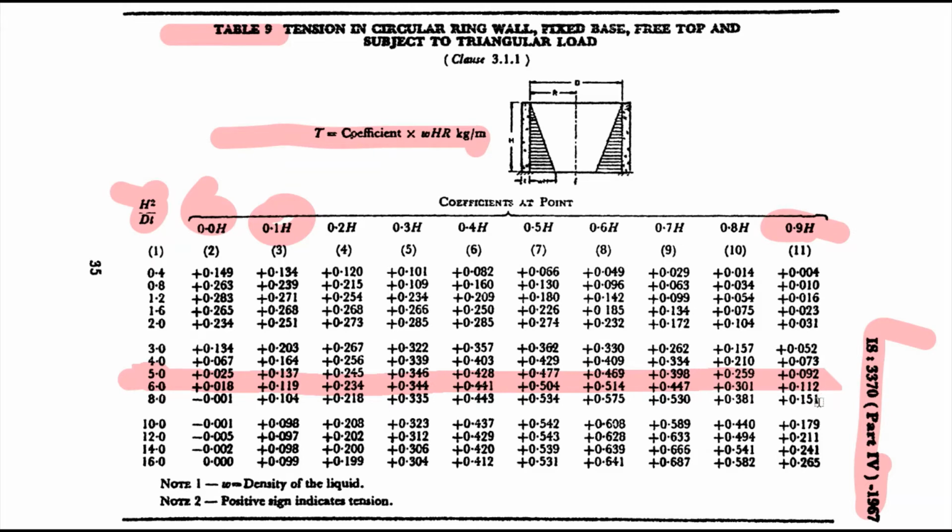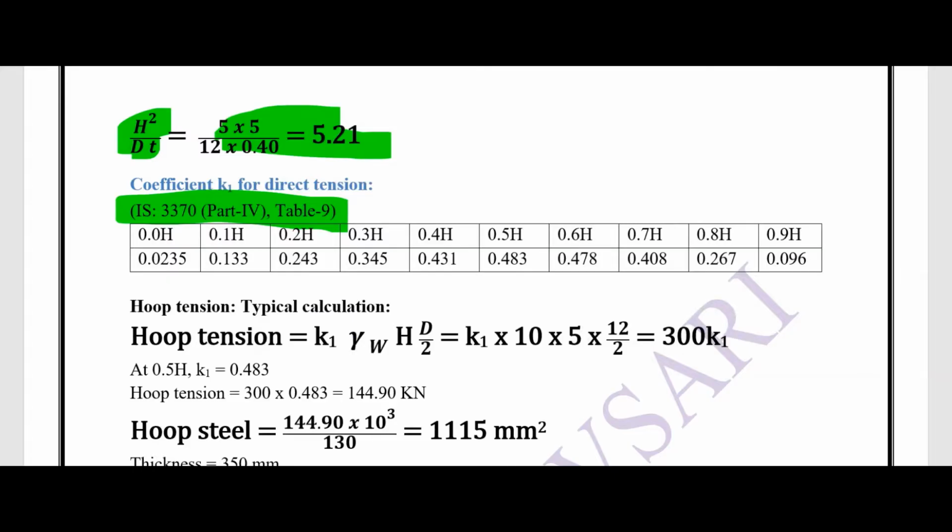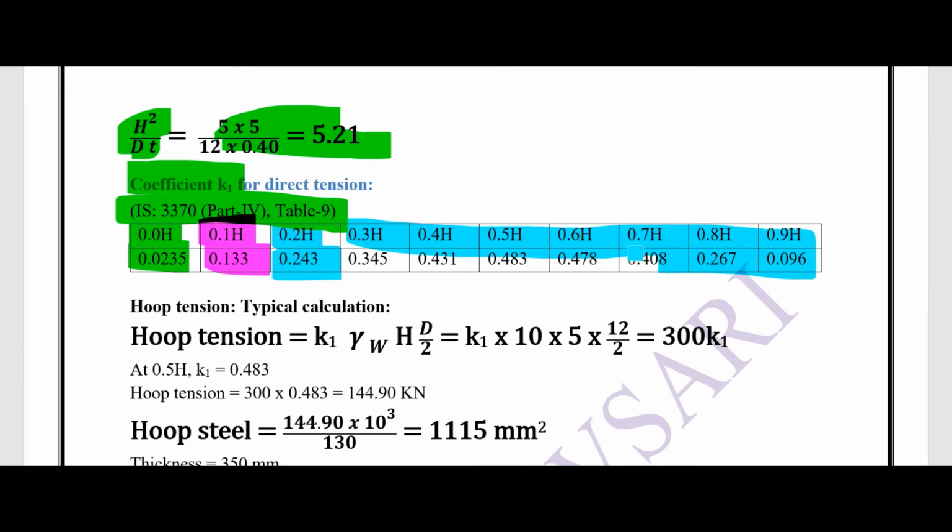By interpolation we find out a coefficient which is called k1. Okay, 0.0H here, 0.1H here, 0.2H here, and I make the whole table here. Okay, this is the k1.